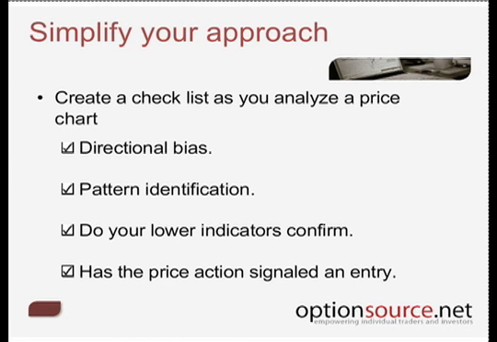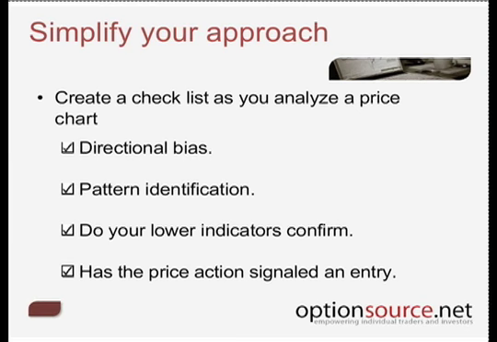Once you've assessed that and you've established your directional bias, look and see what other indicators are supporting that. It might be pattern identification. It might ultimately be, do your lower indicators confirm that particular move? But the final decision, or at least that works well for us, is has the price action or the pair value action signaled the entry? And if the answer is no, then you may have 4 or 5 opportunities sitting there, and ultimately only one of them may be an appropriate one to take action on.